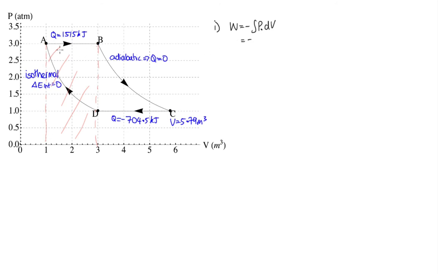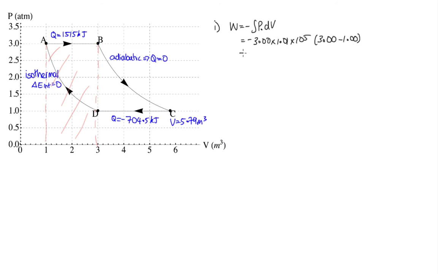So this is equal to minus. It is a minus because it's expanding, and so the work being done on the gas is negative. The pressure is 3 atmospheres, so we should write that as 3.00 times 1.01 times 10 to the 5, that's just converting from atmospheres to pascals, times dV, the change in volume. It's going from 1 to 3 meters cubed, so the change in volume is 3 minus 1.